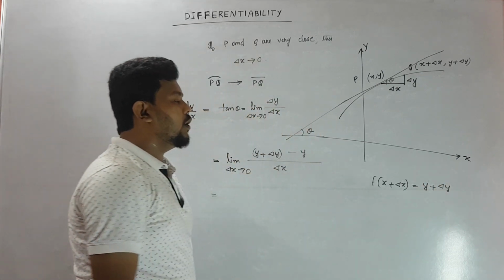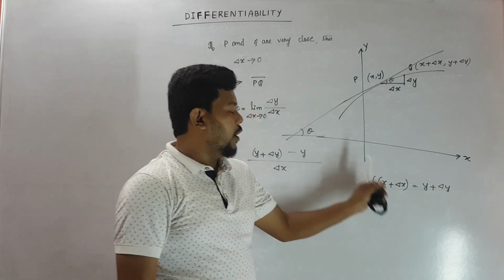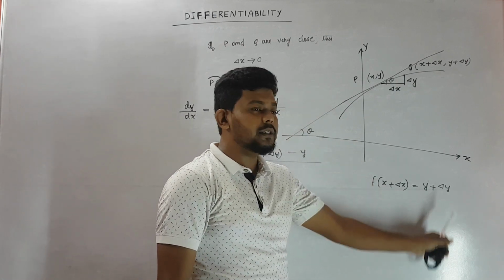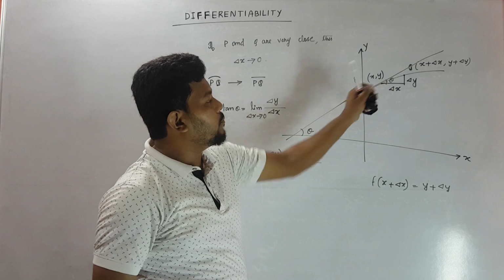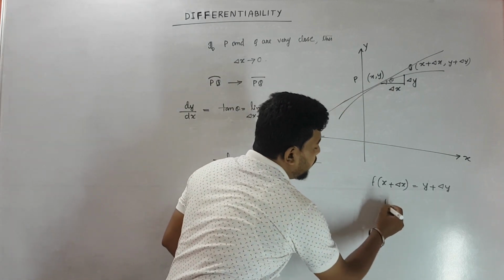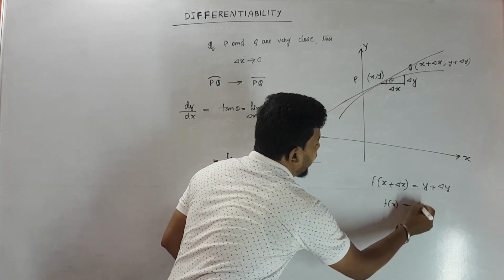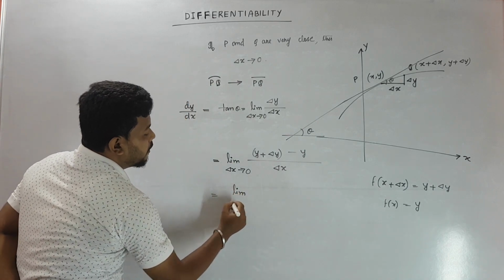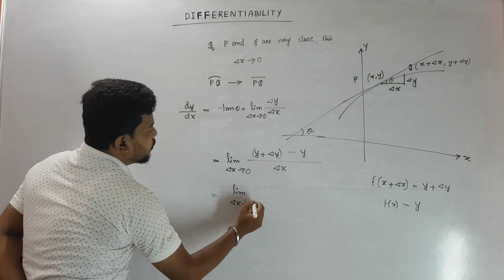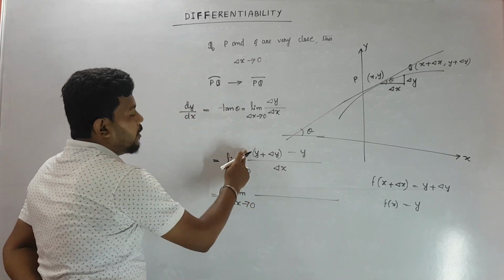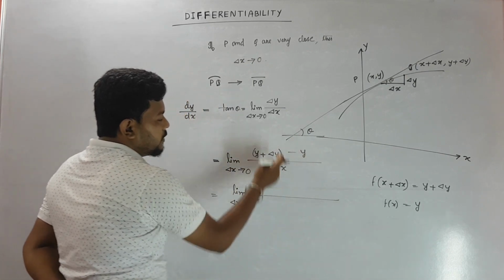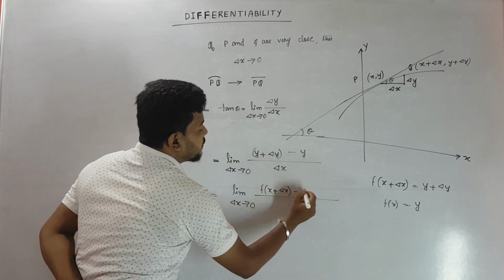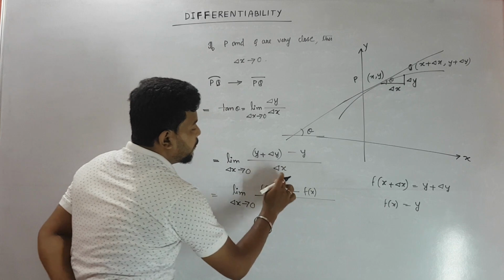The corresponding value of the function y equal to f(x) at the point x plus del x is y plus del y, and similarly for the point (x, y) it will be f of x is equal to y. So we can write limit del x tends to 0, y plus del y minus y. What is this? f of x plus del x minus f of x, by del x.